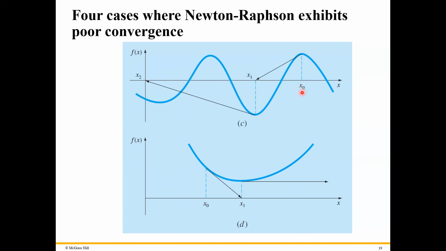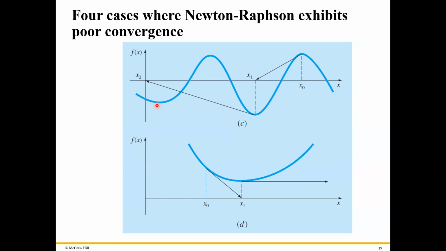By this approach, for x0, we should find this solution, because this is the closest one. But what we can see here is that from x0 we move towards x1, and from x1 we move towards x2. So we are moving further and further away from the actual solution.